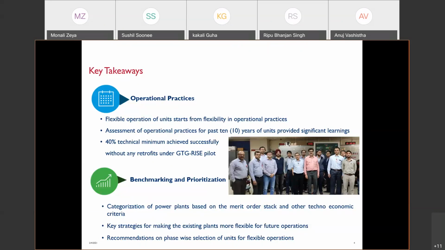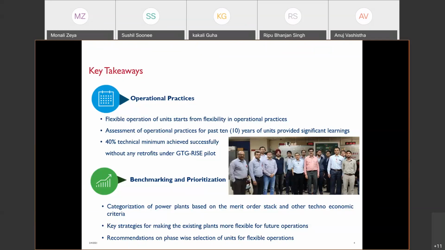Those kinds of recommendations came out, and the way the unit was operated over the last 20 years saw a significant change in terms of the revised operational procedures that were put as a guidance document to these utilities.